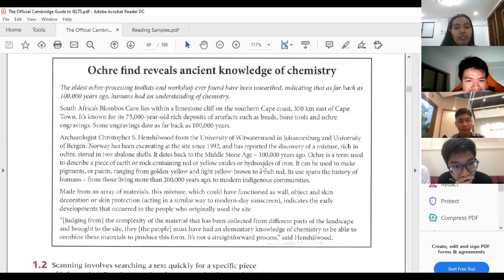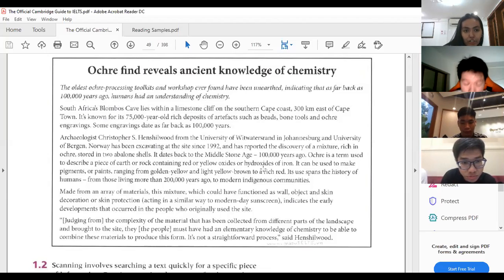Cape Town is a kind of place. It's a name. What do you think? So Blombos Cave. Yes. Blombos Cave. Very good. It here refers to Blombos Cave, and 75,000 refers to the age of the cave. Thank you. Number 2, very good, Lane.